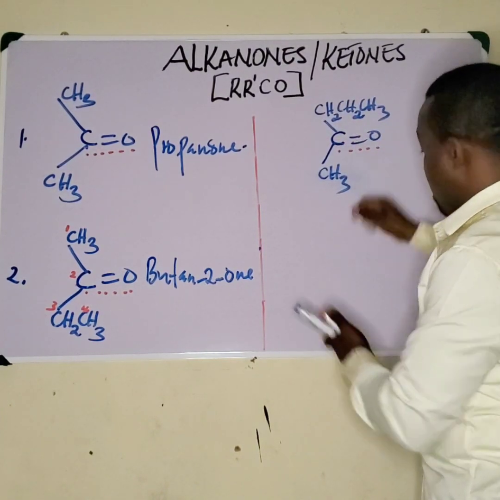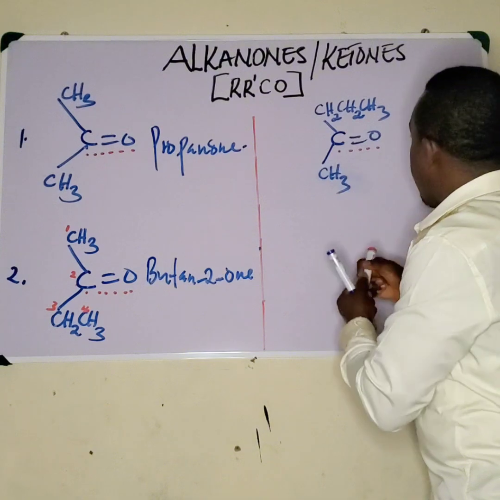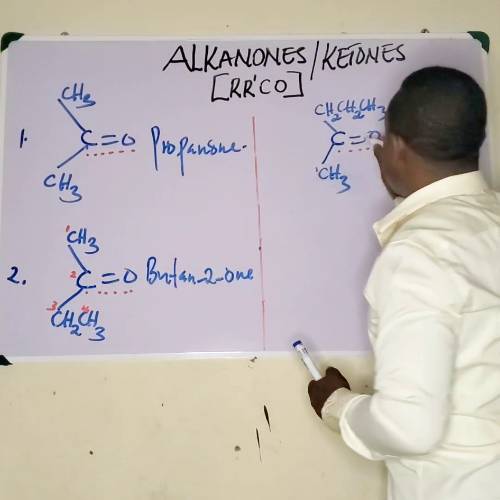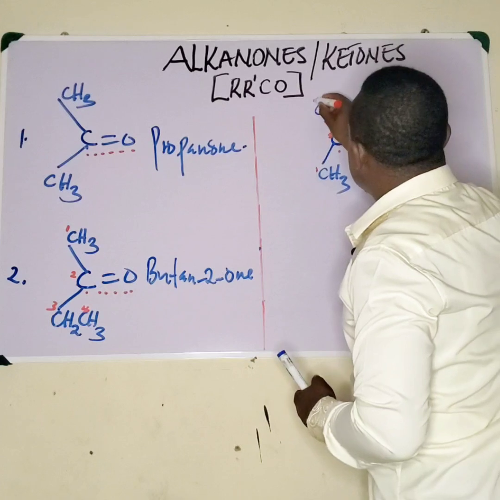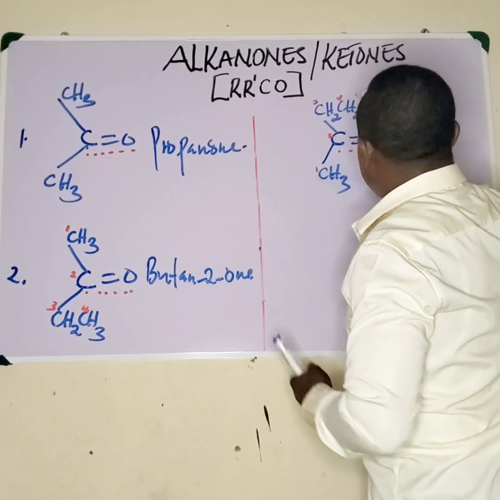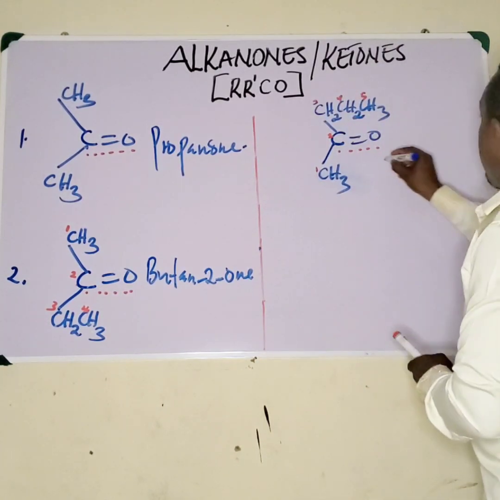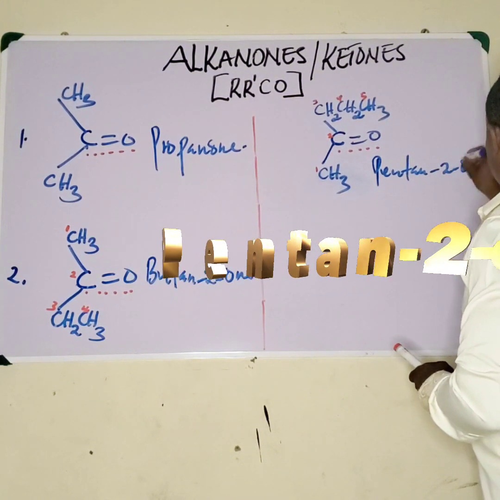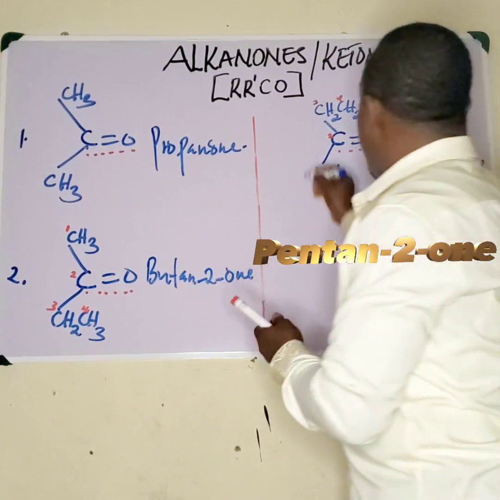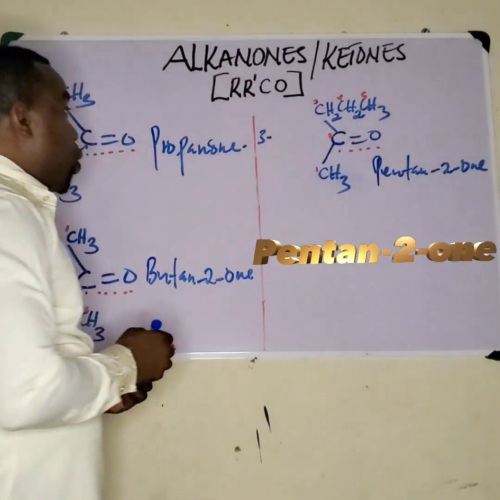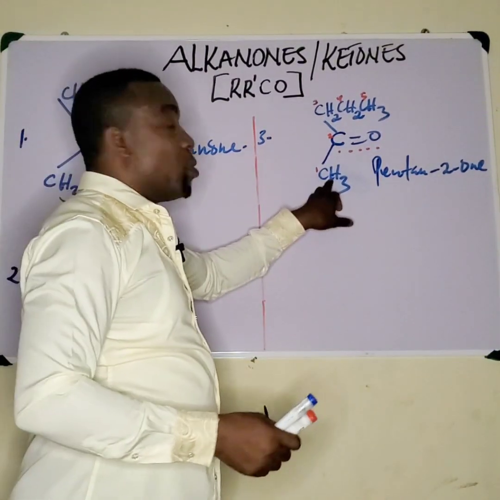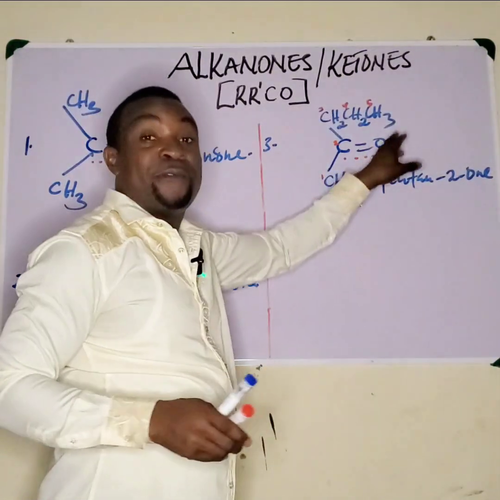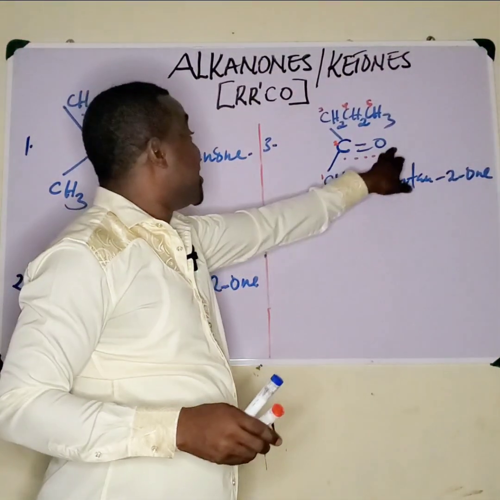So if I want to name it, I'm going to start from here. So I will have 1. Remember, we are looking for the longest carbon chain. 1, 2, 3, 4, 5. So this one becomes pentan-2-one, because I want to give priority to the carbonyl functional group, which is the CO here.